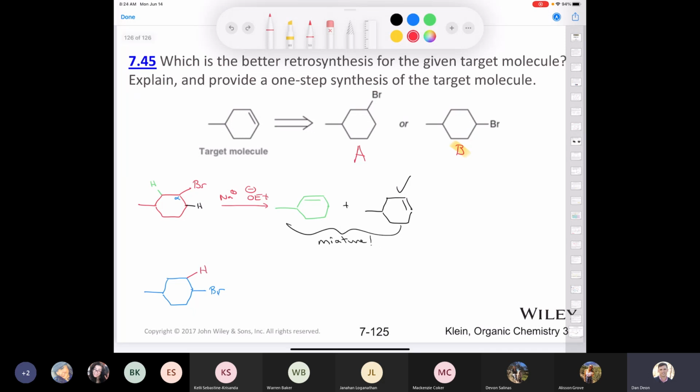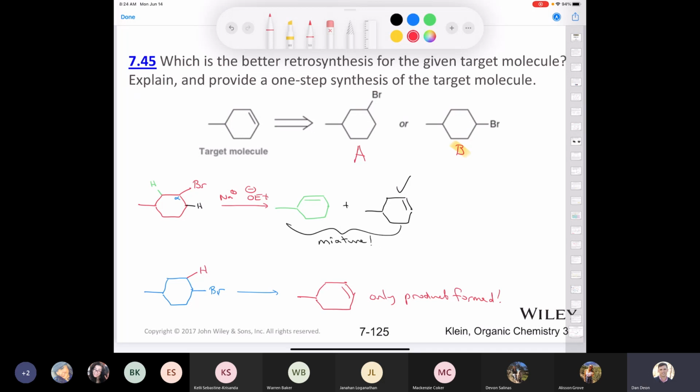That means there's only one regioisomer that can be obtained in this specific case. You would only end up with the desired product and nothing else. Only product formed.